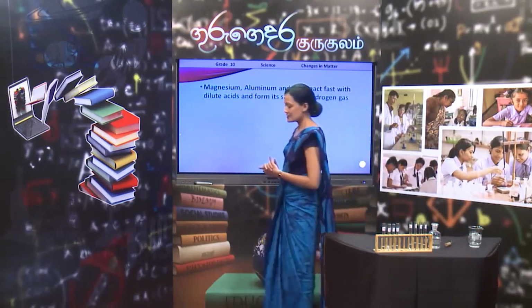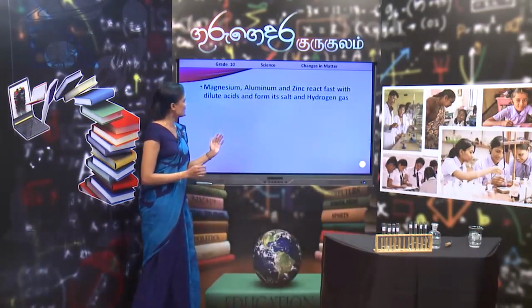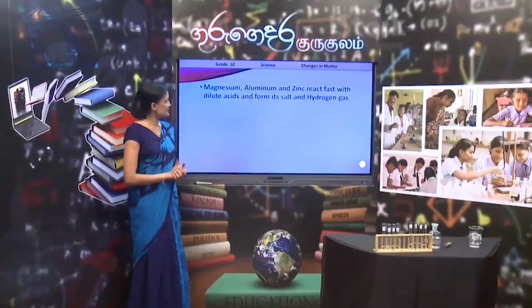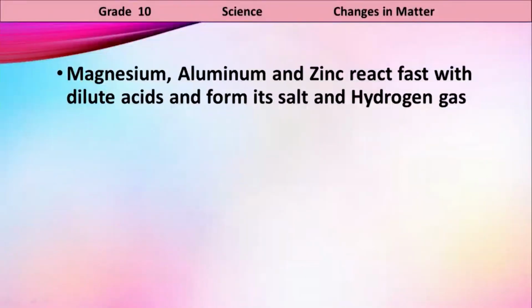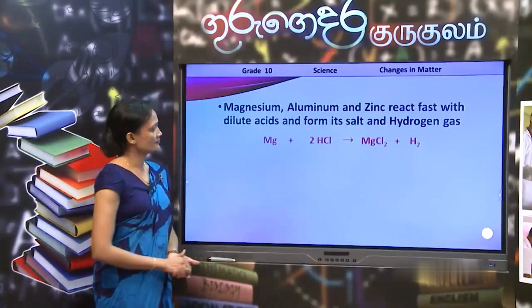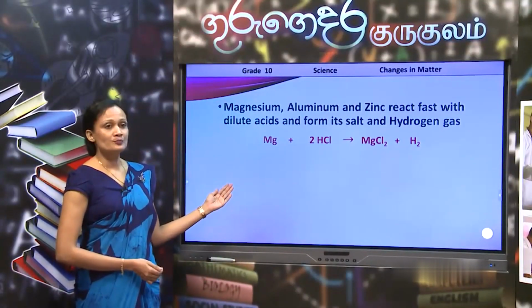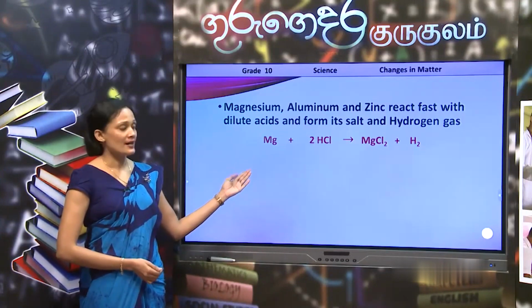Okay, look at this. If we consider metals like magnesium, aluminium and zinc, they react very fast with dilute acid and form a salt and hydrogen gas. How does magnesium react?